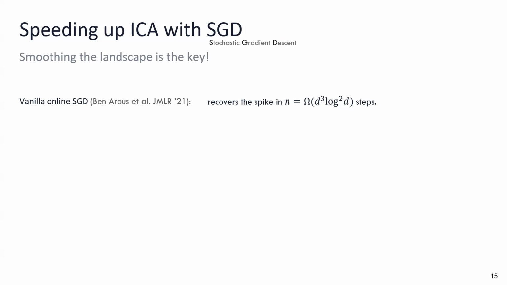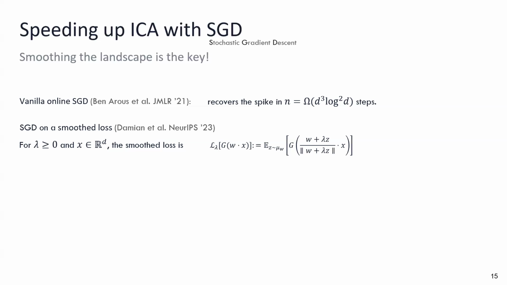It's the go-to, and even the most simple version of SGD is already an improvement. Instead of getting d to the 4th, you get d to the cube. So already this very simple algorithm, which is optimized for large dimensions, works better than the other algorithm optimized for low dimensions. But it's possible to improve it even more.